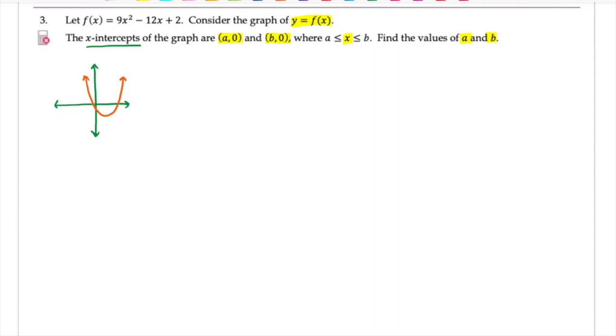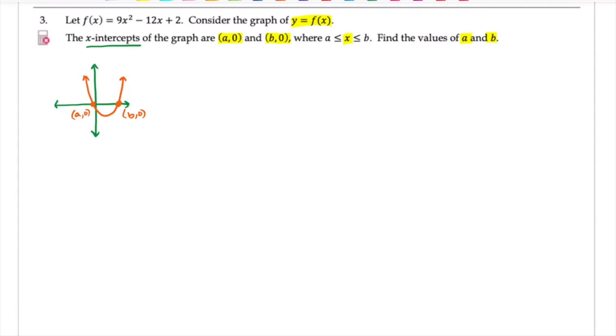So I have intersects here and intersects here. Those are the x-intercepts. So I have some point a comma 0, some point b comma 0, where x is somewhere in between a and b. Okay. So we want to find these actual points.